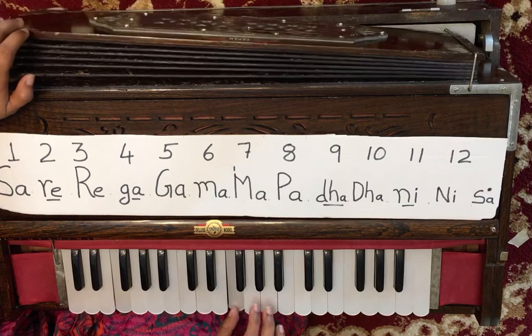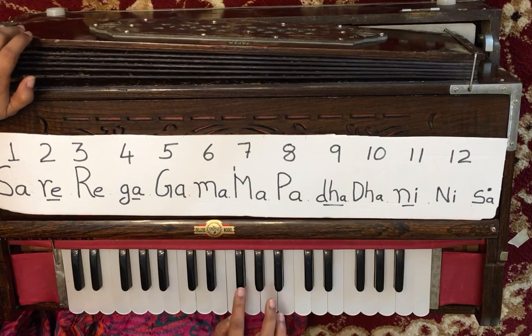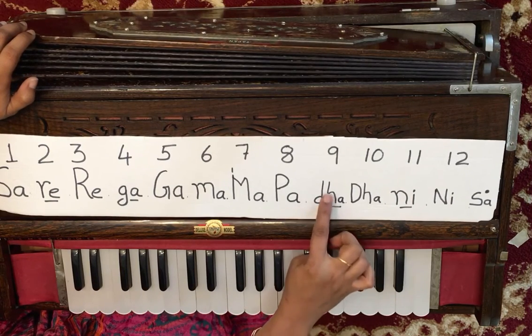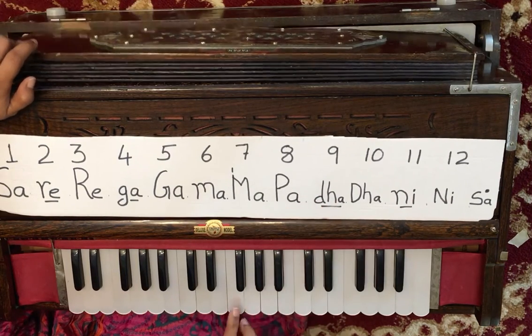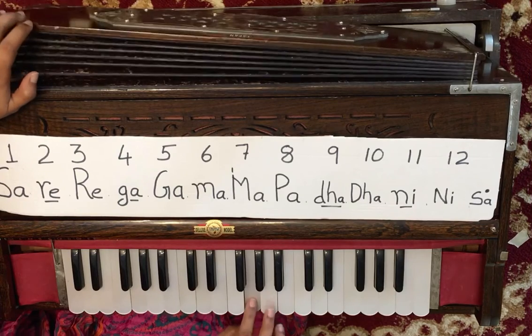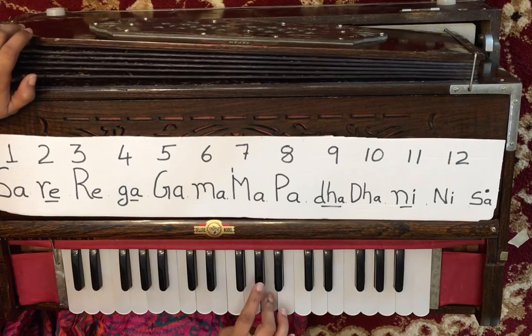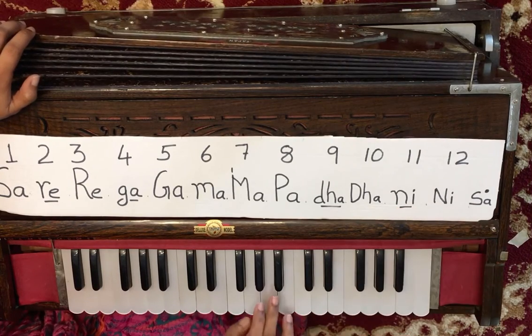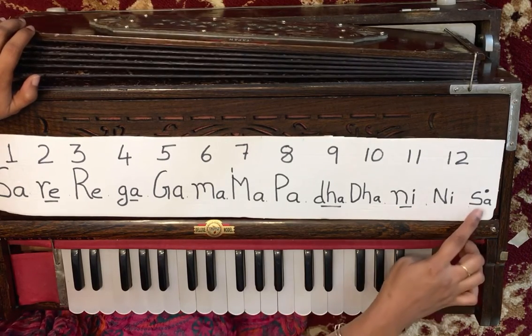Now between pa and dha, there is this note which we left out, and that is called a komal dha, right? We write it like that. We can also underline. Between dha and ni, there is a komal ni, and then there is this ni and then sa.